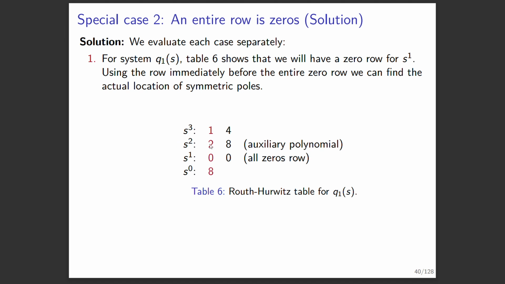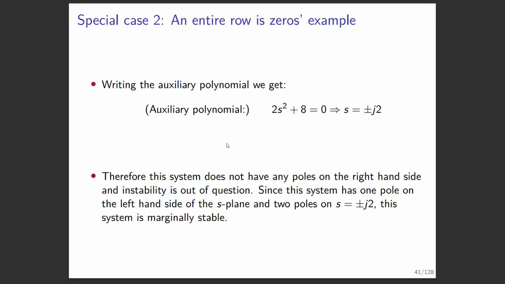This is the s squared row, so I'm going to have 2s squared plus 8. Put that equal to 0 and solve the auxiliary polynomial. If 2s squared plus 8 equals 0, then s squared plus 4 equals 0, so s is plus or minus j2. So I found my symmetric poles.